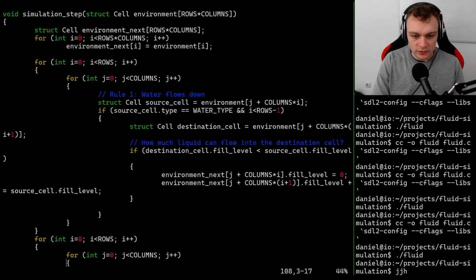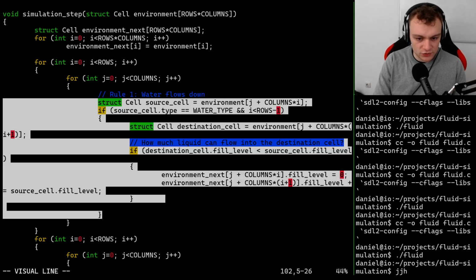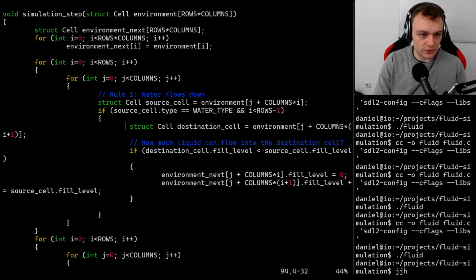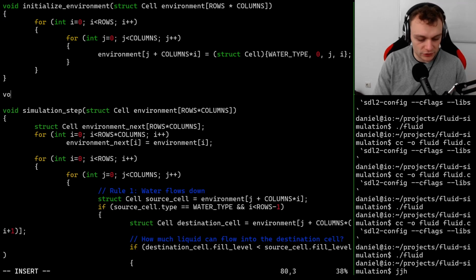And now let's have a look at rule number 1. So rule number 1 is water flows down. Maybe we should extract this into a new method, just to have some more clarity.